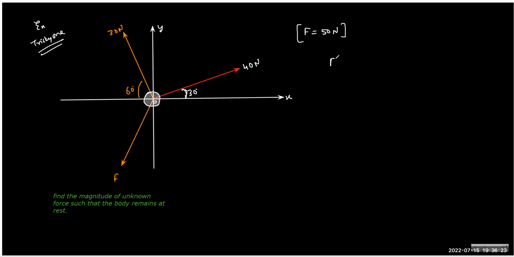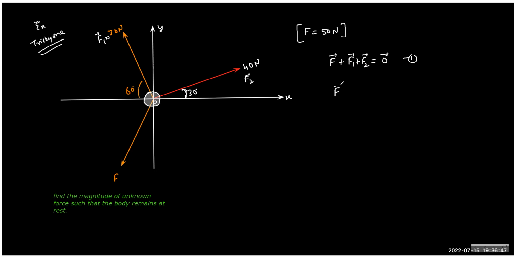So how can we write F plus, let's call this F1, let's call this F2. Can we write F plus F1 plus F2 equals null vector? Am I right? Yes, sir.